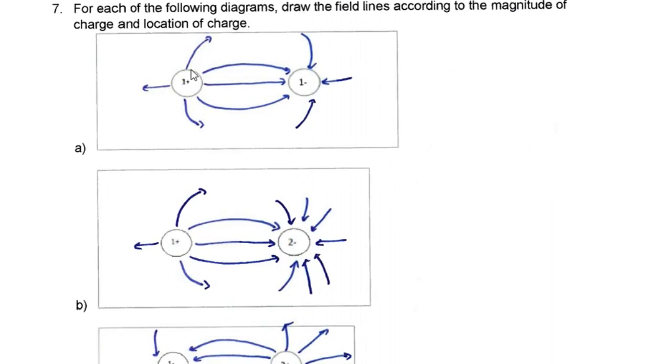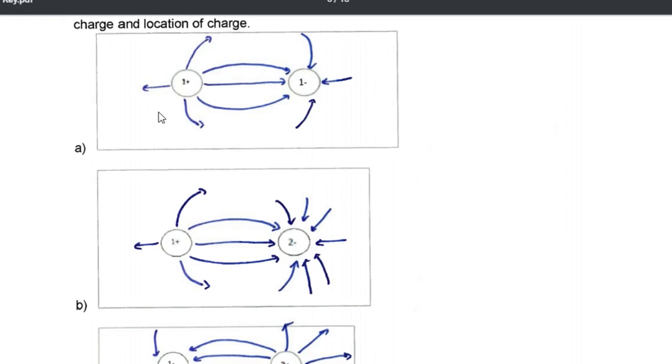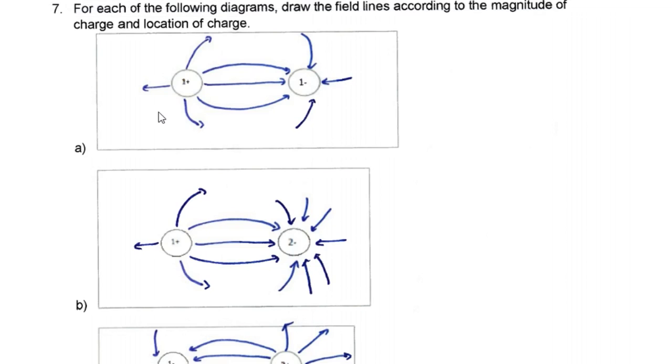What we have in front of us is a positive charge and a negative charge. And what are the interactions happening? Well, remember, with positive charges, the field lines are always coming from the charge and drawing outwards. And for the negative charge, the field lines are drawing towards the negative charge. I try my best to make sure that there's an equal representation of the lines because there's a similar charge.